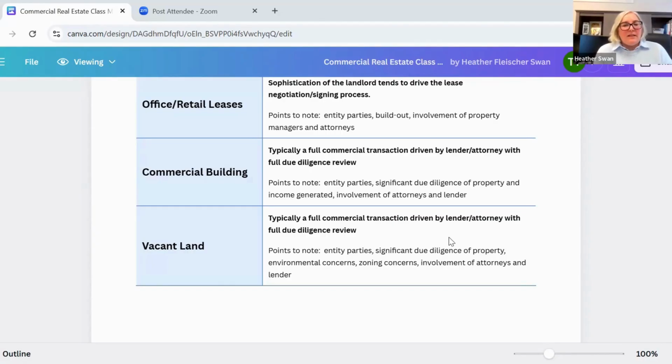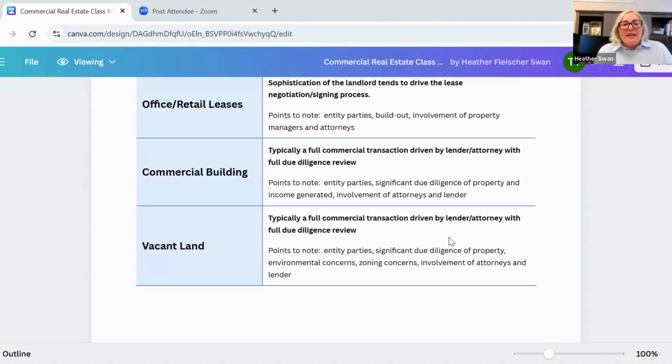The attorneys and the lender will really be running the show on this one. Once you have that signed letter of intent, you're going to have full due diligence review. That's really when you're getting big.